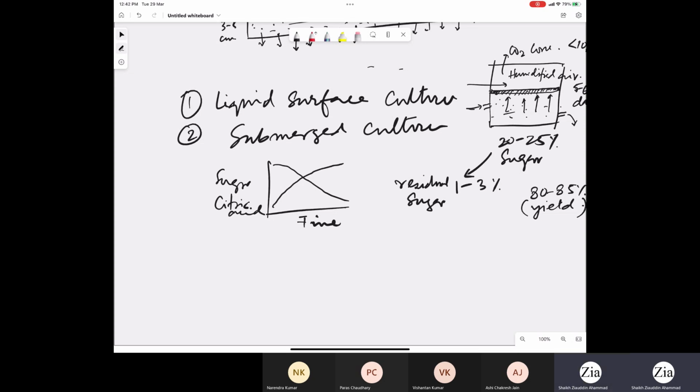So these pigments actually create disturbance, or you can say they will reduce the quality of the material. So a higher amount of oxalic acid is also not desired. So if you have sodium salts or iron present in the liquid or the raw material, then that can create oxalic acid accumulation and also different kinds of colored pigment, which is not desired to maintain good quality of citric acid.